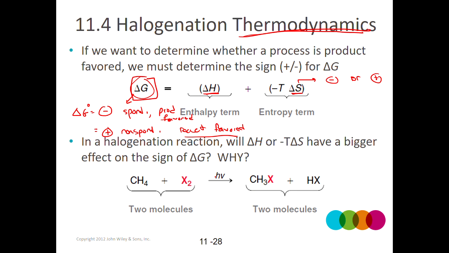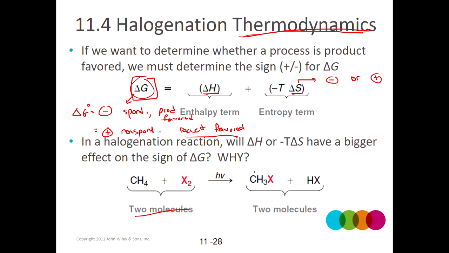Recall that entropy is about variety. It's about how many different ways particles can be positioned and moving around in space. So when I've got 2 total moles of reactants, 1, 2, and 2 total moles of products, 1, 2, how can I tell which side has more entropy?